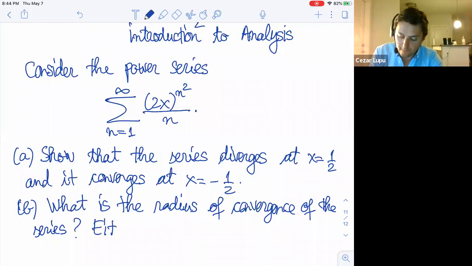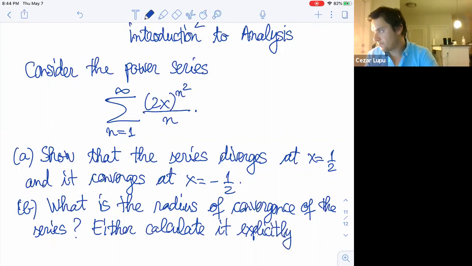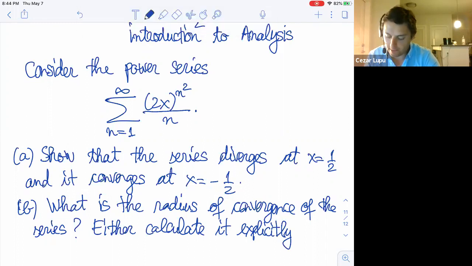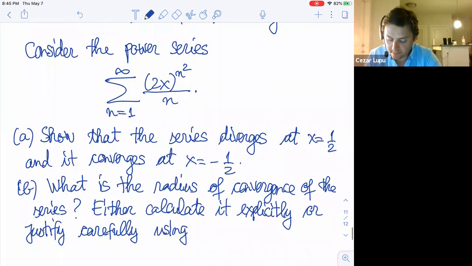Either calculate it explicitly, or justify carefully using part A. You see, that's very nice. The problem is phrased great, using part A.